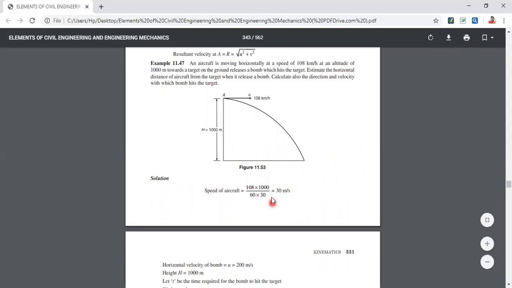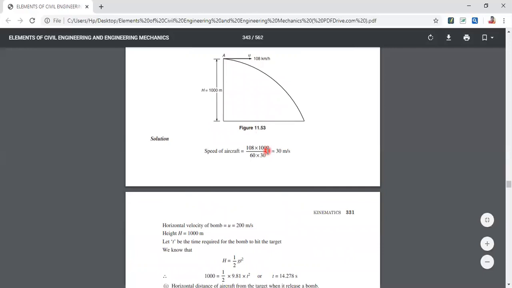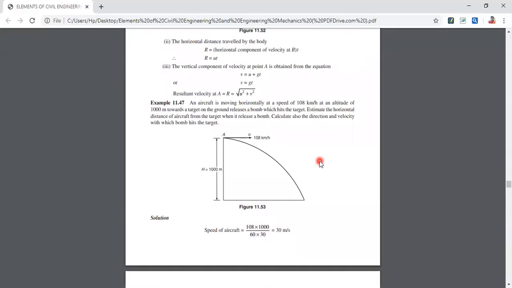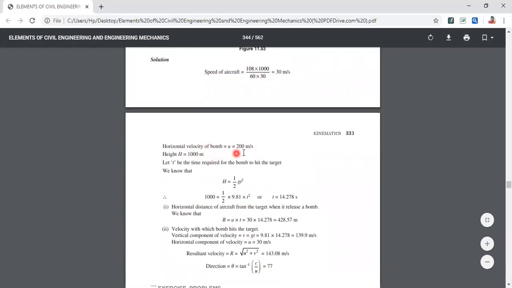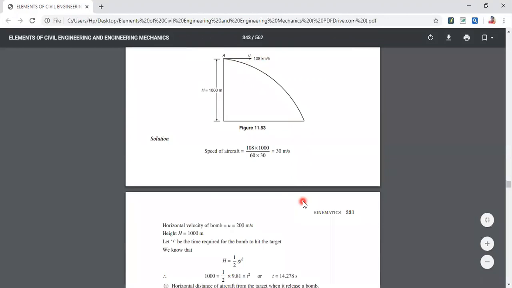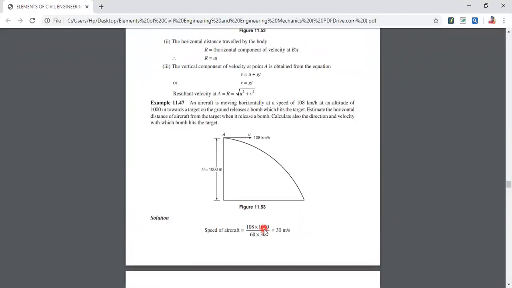The velocity initially is given as 108 kilometers per hour, so into 1000 for kilometers divided by 60 into 60, sorry, 60 into 60. The horizontal velocity of the bomb is given as 30.